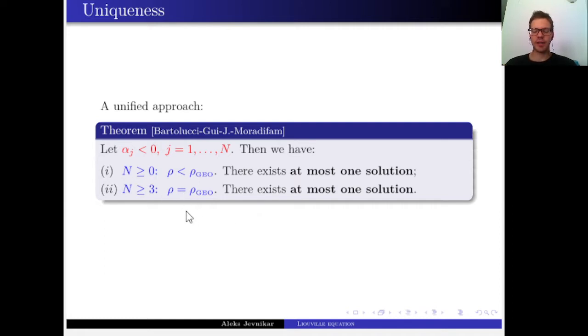Then if you have any number of conical points, you can show that there exists at most one solution if the parameter is strictly smaller than the geometric case. Otherwise, if you have at least 3, then you have just a unique spherical metric.